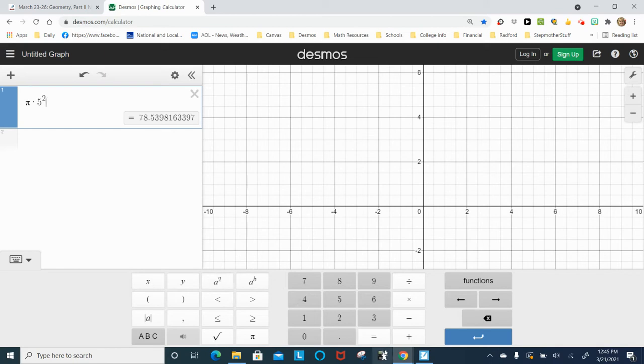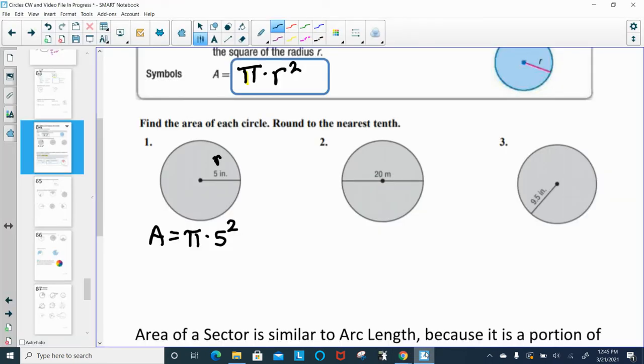Now, because we squared something, let me write this down real quick. The units are in inches squared, and that's because we squared the radius, so we have to square the units at the end.